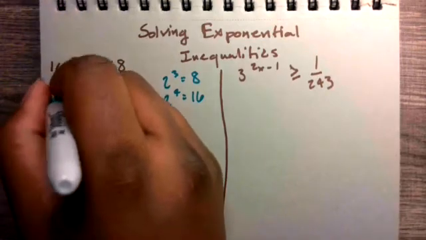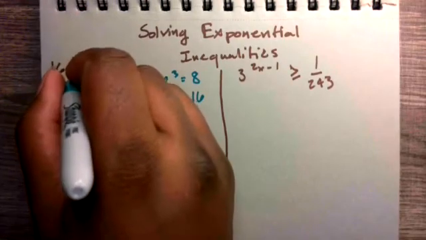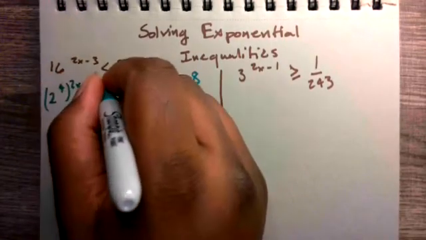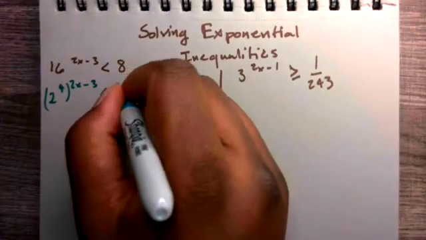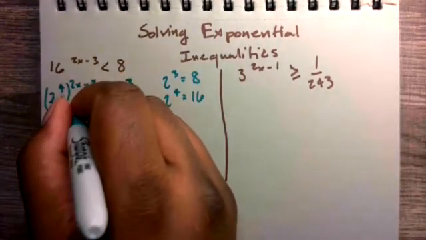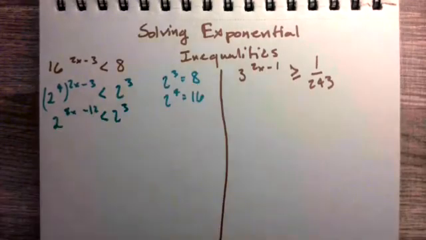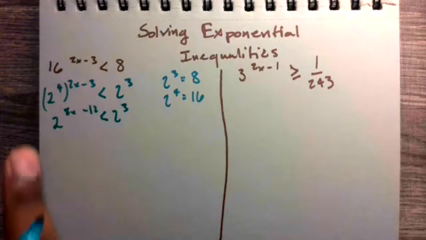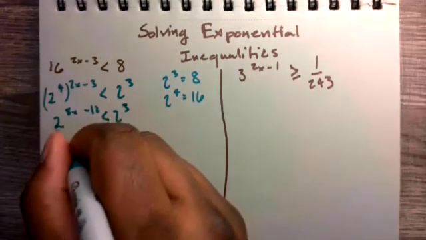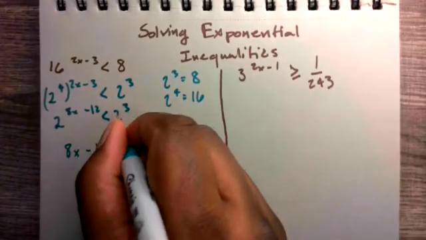Right? So now I can just replace 8 and 16 with 2 cubed and 2 to the 4th. So I got that 2 to the 2x minus 3 less than 2 to the 3rd, which gives me, now we got 2 to the 8x minus 12 less than 2 to the 3rd. And just like before, we can just replace now with 8x minus 12 must be less than 3, right?